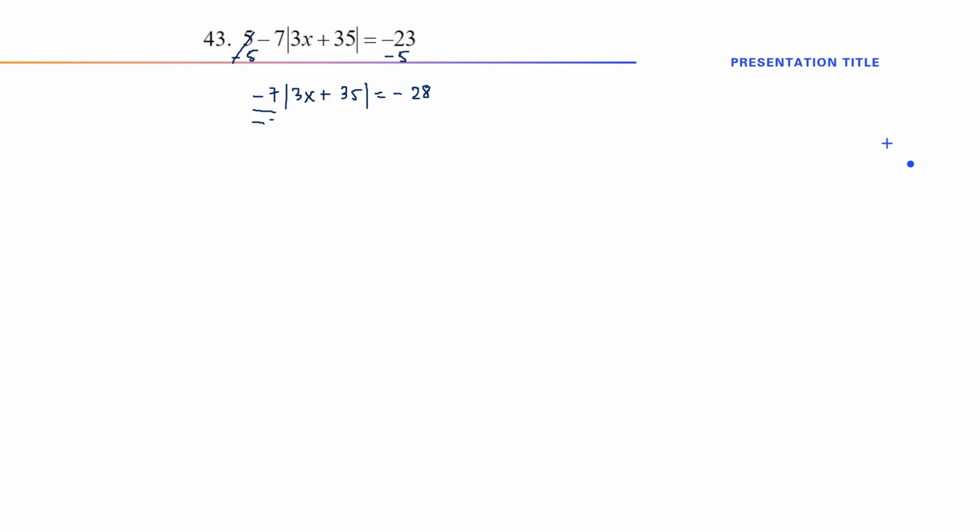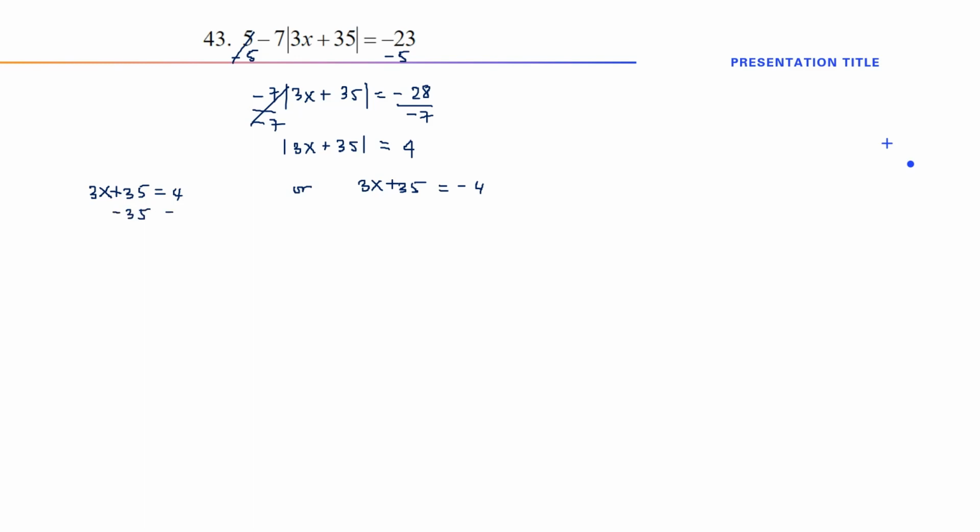Divide both sides by negative 7. That cancel and we have 4. Now that's good to go because 4 is greater than 0. 3x plus 35 equal 4, or 3x plus 35 equal negative 4.